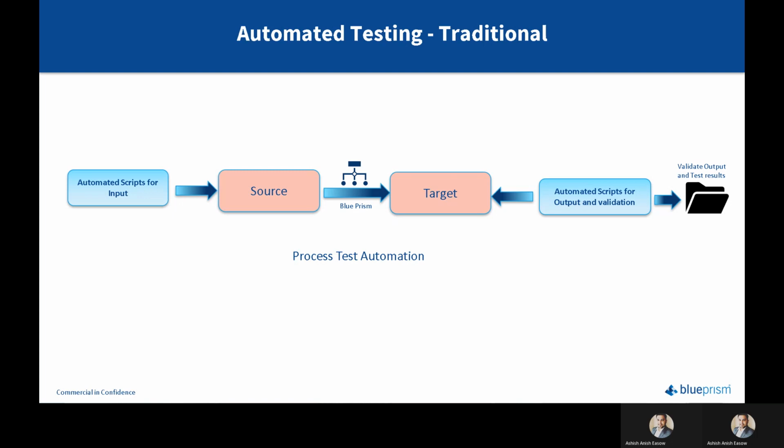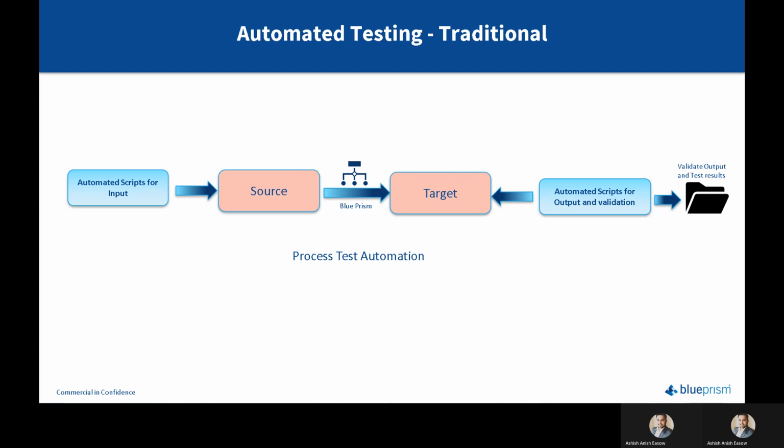If it requires them to put inputs into a web application, then they might use tools like Selenium or JavaScript of some sort to write those scripts which are required for the inputs. Then the process itself is run, and once the process completes, they also have to write automated scripts to check the outputs, and they validate each and every data item which has been transferred.